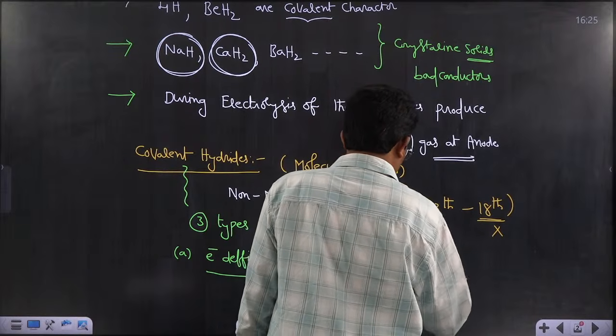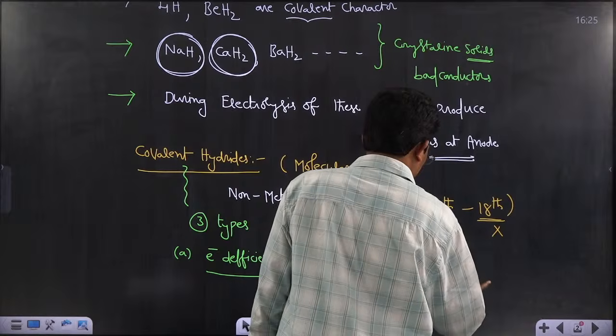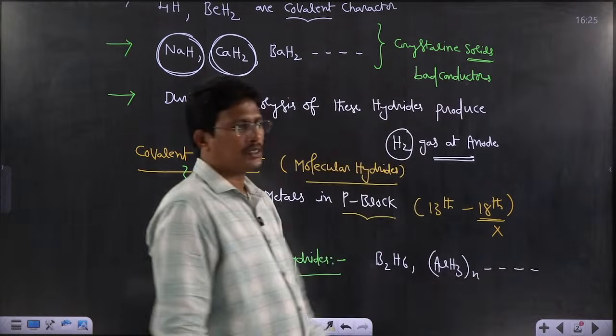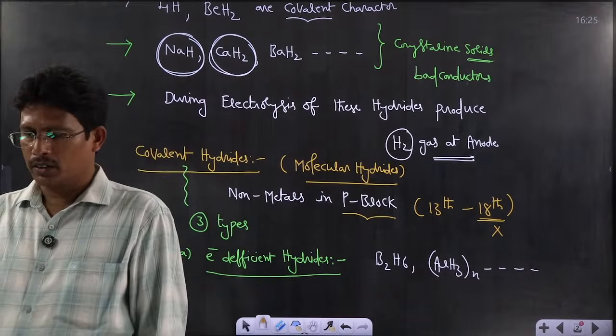B2H6, aluminum hydride, AlH3. It exists in polymeric form.